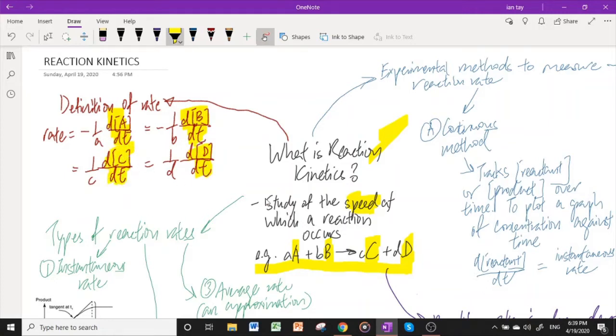That is, we can say what the rate of the reaction is without it differing whether we define it based on A, B, C or D. And so we divide these derivatives by the stoichiometric coefficient of the respective species. And we add a negative sign in front of the rate of change of the reactants. Why? Because the rate of change of the reactants is negative, but rate is a positive value. Okay?